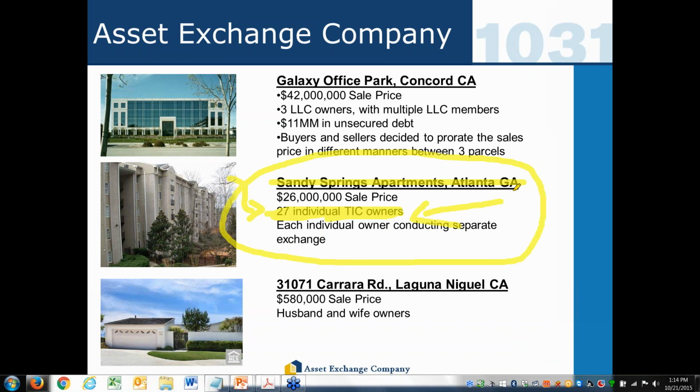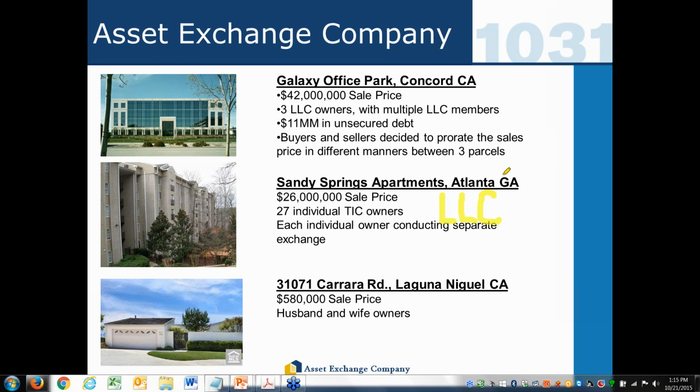So it's very important that we know who the taxpayers are that own the real estate. Imagine if these 27 individuals said, "Well, geez, instead of owning the property in our own names, we would like to form a corporation, a partnership, or an LLC.